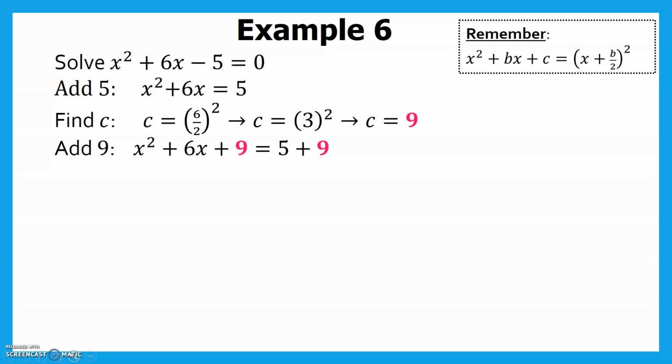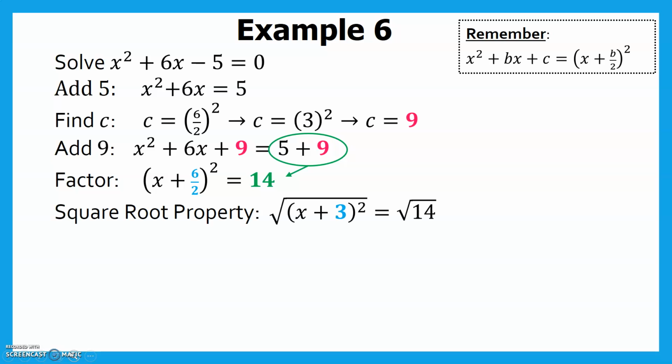Now I'm going to apply that factor fact up in the right-hand corner. So I factor the left-hand side into x plus 6 over 2 squared equals 14. I'm going to use the square root property. I'm going to simplify 6 over 2 to 3. So I have the square root of both sides. When I take the square root, I get x plus 3 equals plus or minus 3.74.